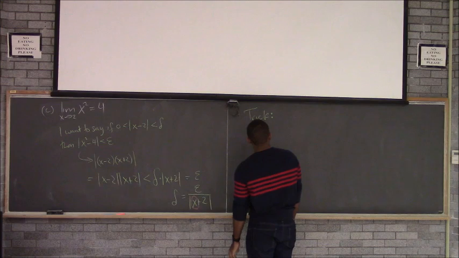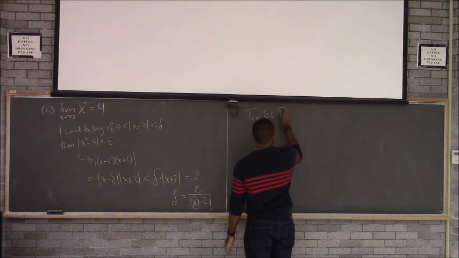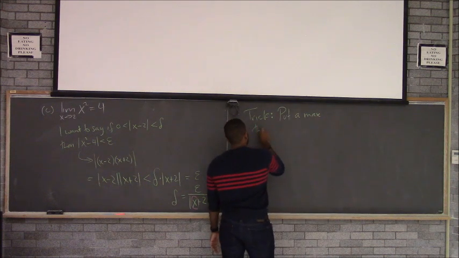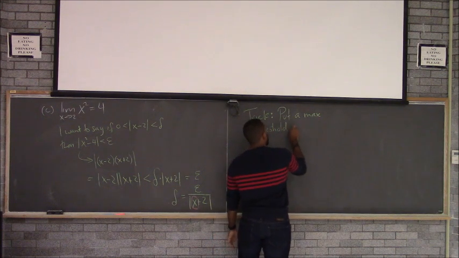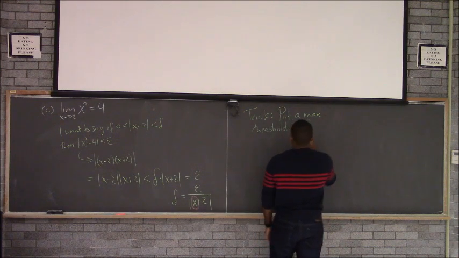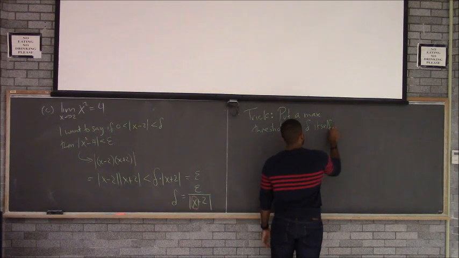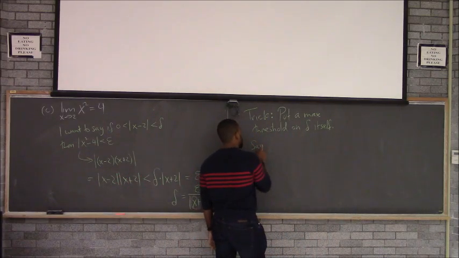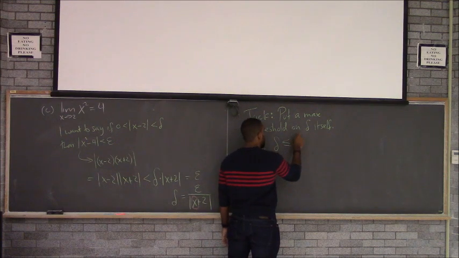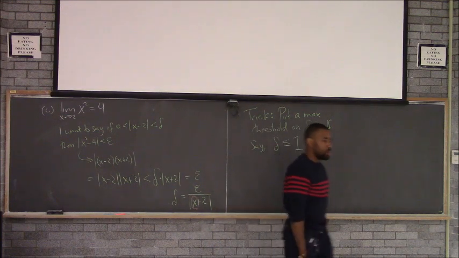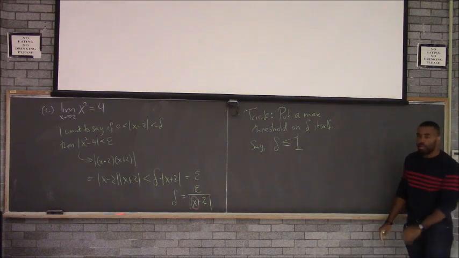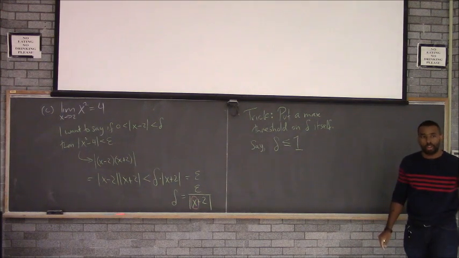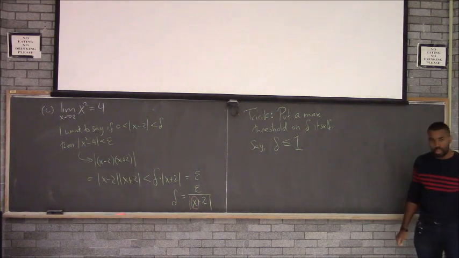What you can do here is put a max threshold on delta itself. So, for example, I can say I want delta to be less than or equal to 1 in all scenarios. Which means you just decide ahead of time: no matter what anyone says to me, I'm going to tell them the number 1 or something smaller is what should be used, right?